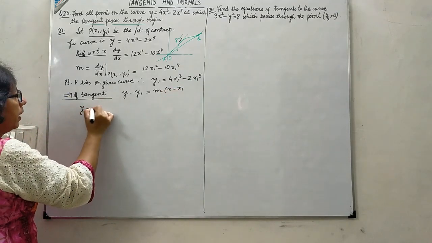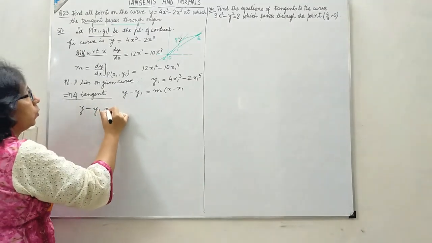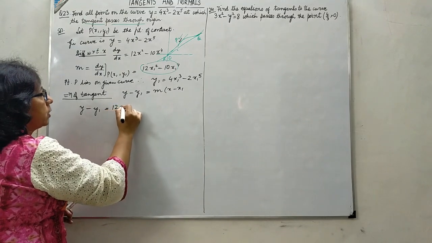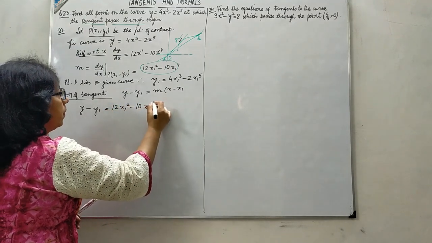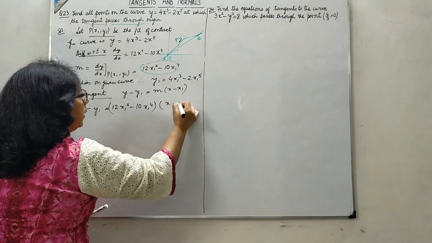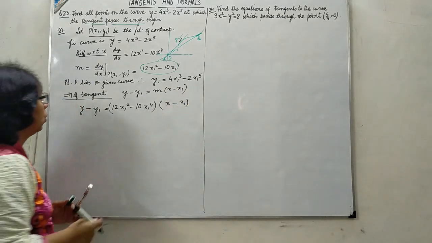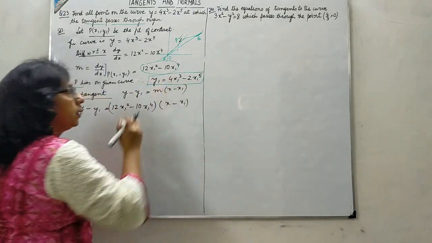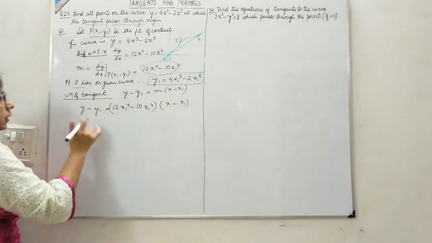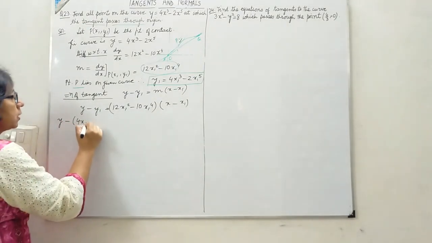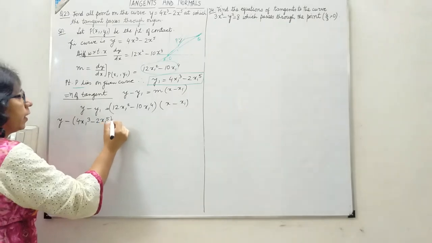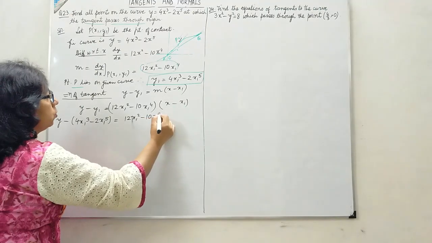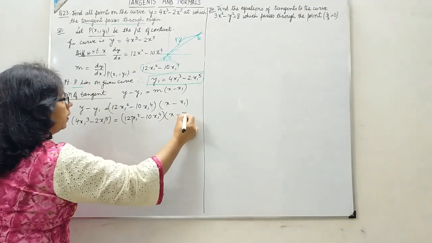That becomes y minus y1 equal to m, the slope we have got, 12x1 square minus 10x1 to the power 4 into x minus x1. Now, also I have told you the point P lies on the curve, so y1 is actually this value. So we can convert this y1 as 4x1 cube minus 2x1 to the power 5, as 12x1 square minus 10x1 to the power 4 into x minus x1.